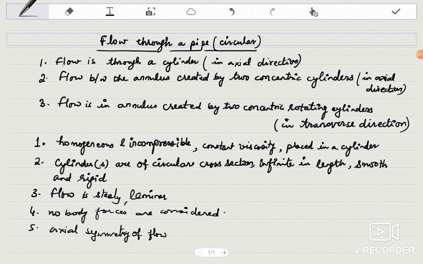Okay, so now I come to the first case. These are the common assumptions from 1 to 4.